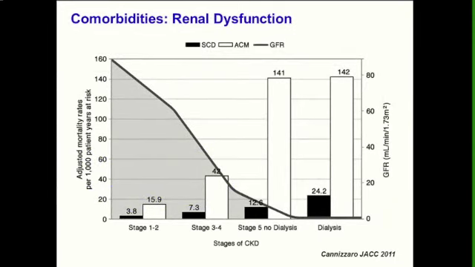Comorbidities, increasing interest in this. And I can't point to it, but as you see, the linear line represents GFR. As it declines, then all-cause mortality, those are the white bars, increases dramatically. So a question arises, should we be implanting ICDs in patients with renal failure?